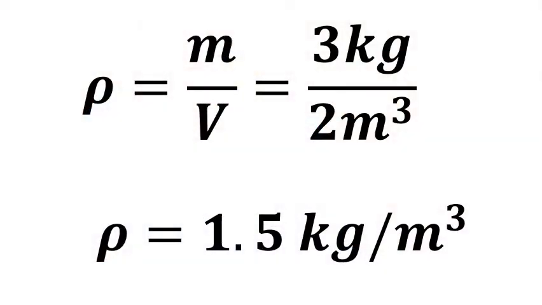Okay, let's have a look at what you've done. So in this case we've got rho equals m over v, our standard formula, 3 kilograms over 2 meters cubed. We take note of the units, kilograms with meters cubed. It's fine, I can work it out. That gives us 1.5 kilograms per meter cubed.